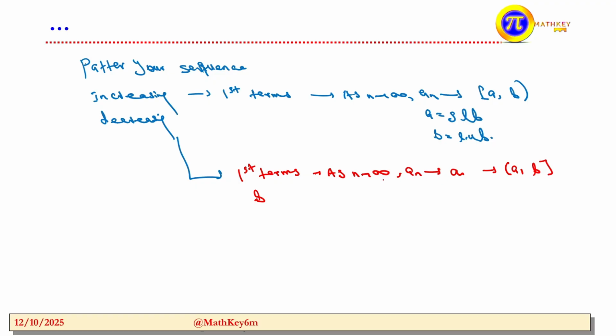That means it is approaching, so it doesn't include the value A. Because of that, we make this open at A and closed at B. So we have a half-closed interval. From this, what is LUB for this one? LUB is B. And this B is also included in the given set. So the GLB of this set is equal to A, but it is not an element of the given set.